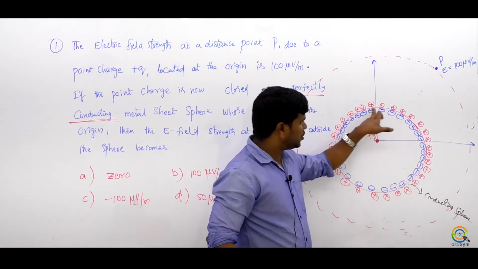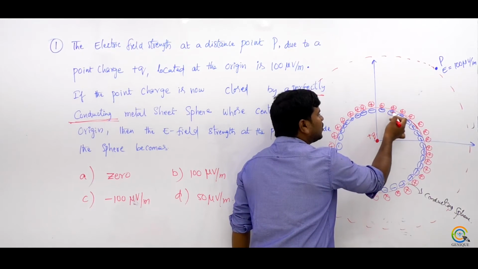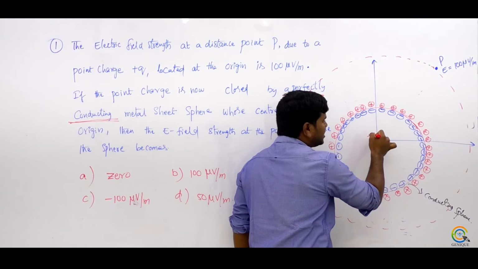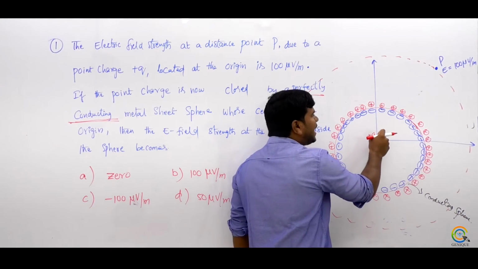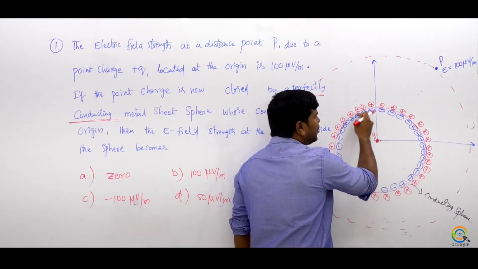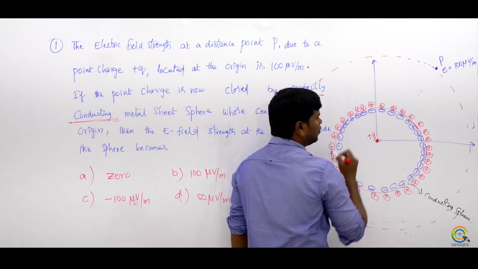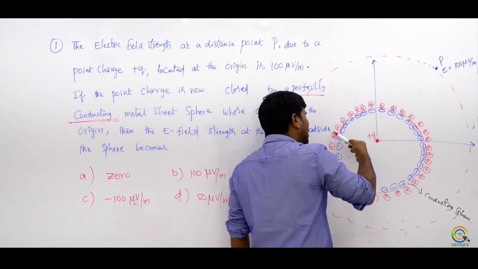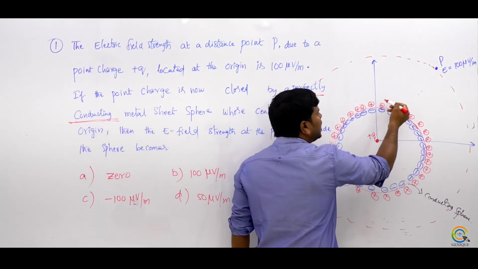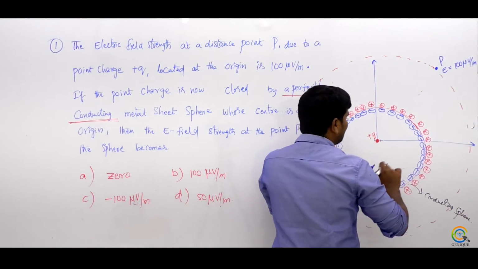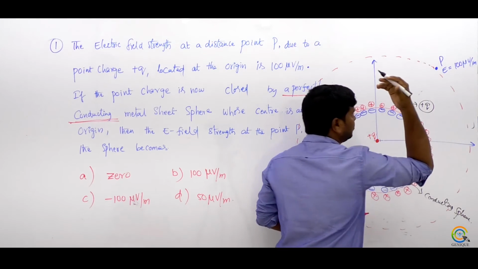It will be minus q, because the negative charge is equal to the charge inside, and it will only attract this amount of negative charge. So all these negative charges equal the plus q. But what about the outer sphere? The outer sphere is positively charged. How much? It is plus q. That is the thing.